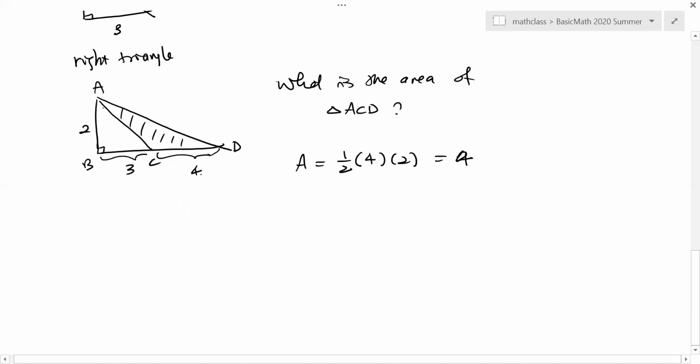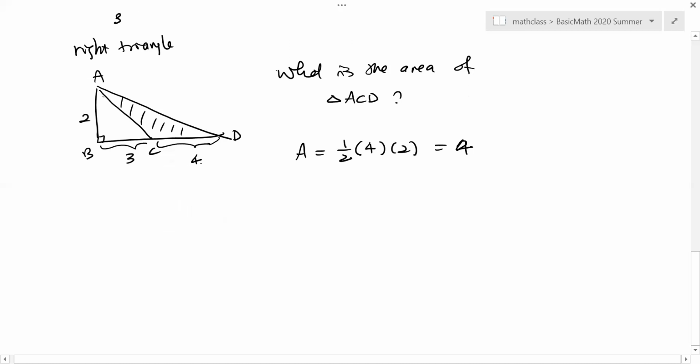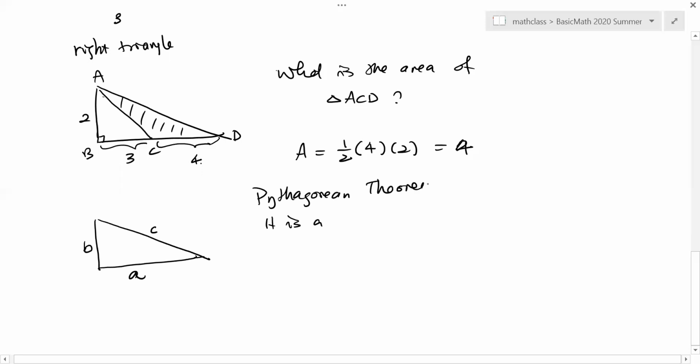Now sometimes you have to figure out whether a triangle is a right triangle. If you know it's a right triangle, you just use the area formula. How do you check whether the triangle is a right triangle? It looks like a right triangle, but that is not necessarily so. This is A, this is B, and that's C. The Pythagorean theorem says that it is a right triangle if and only if a squared plus b squared equals c squared.